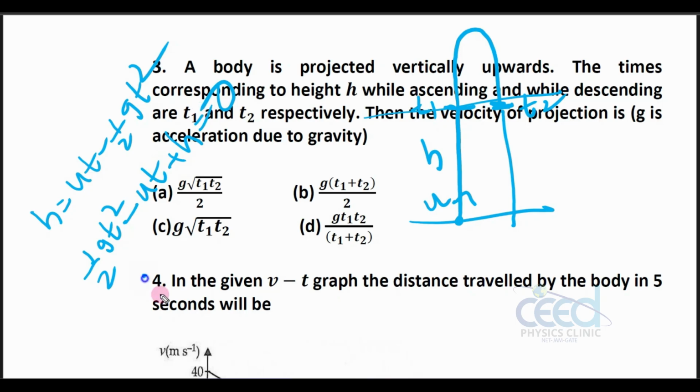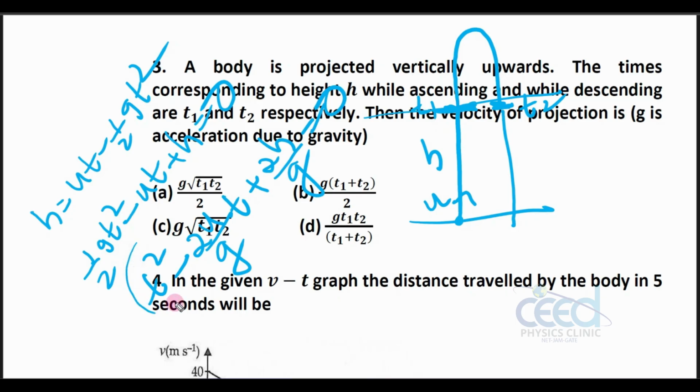That is t square minus 2u by g into t plus 2h by g equal to 0. This is a quadratic equation for this height, which means the time has two solutions. The first time is t1, the second time is t2. So that is the verification that with two times it reaches the same height, from the quadratic equation.